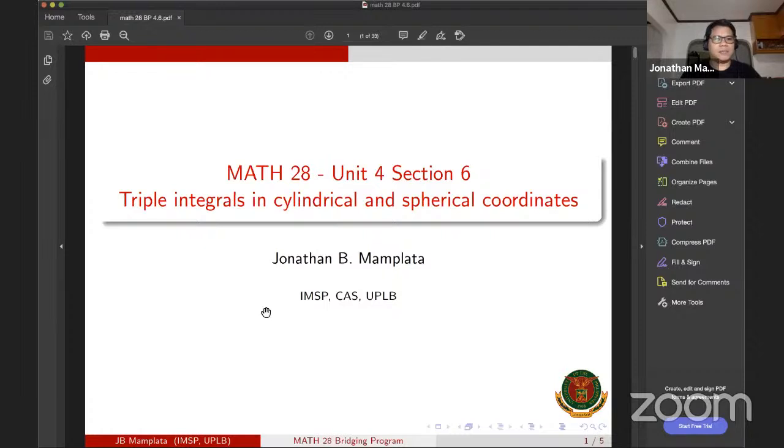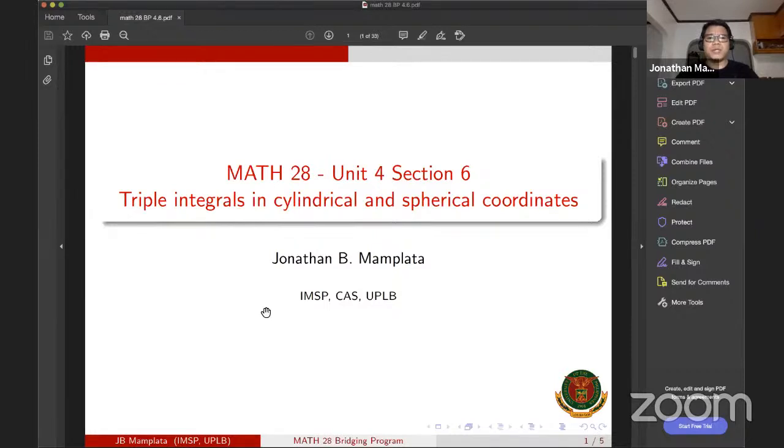I think this is item number 3 in the exercise. Set up the triple integral given by x squared plus y squared plus z squared over s dv using three coordinate systems, where s is the solid enclosed by the cone, z equals the square root of x squared plus y squared, under the sphere, x squared plus y squared plus z squared equals 9.